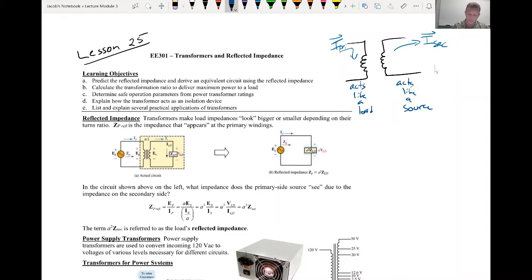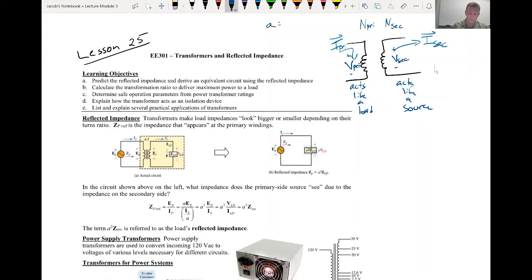And we have a V primary across these primary windings, and we have a V secondary across the secondary windings. And what is being transformed is based off the number of coils in primary to the number of coils in secondary, made up with this turns ratio A, right?